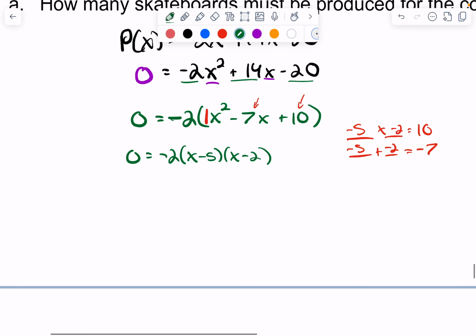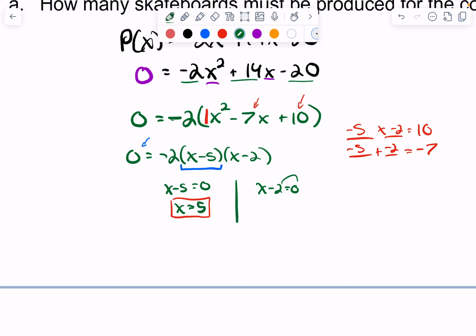So we need to figure out what are these x values here that make this equal to 0. So take x minus 5, set it to 0. So x equals 5 is one solution. And then you have the other one right here. x minus 2, set that one to 0. And that would be, bring the minus 2 over, x equals 2.